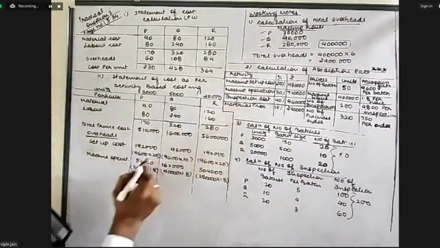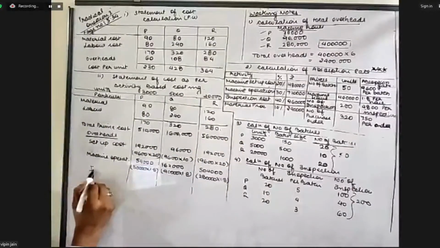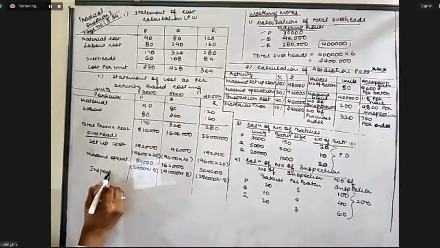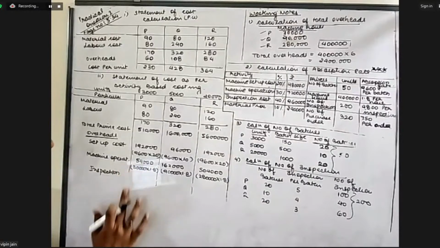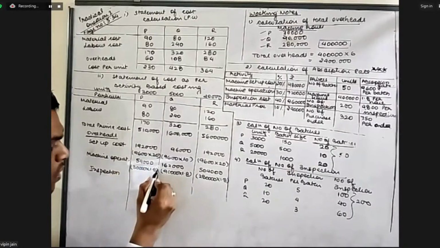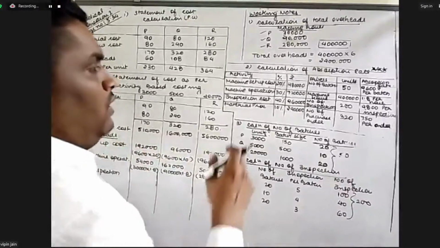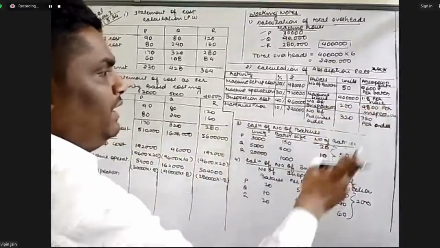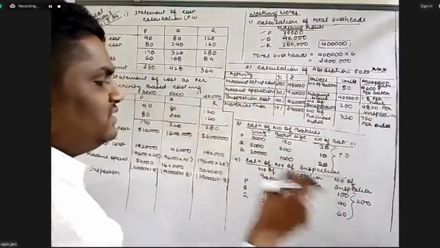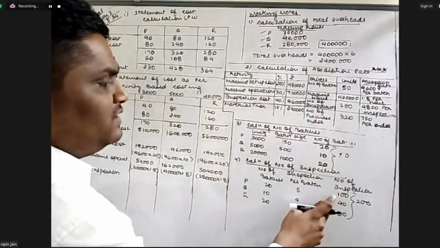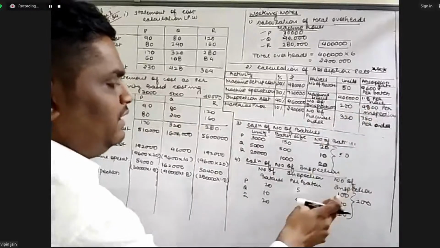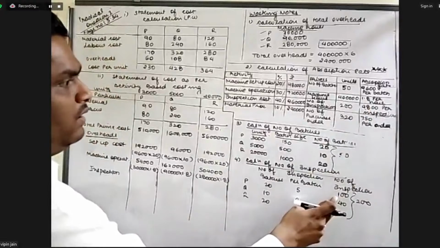Then next is inspection cost. So inspection cost is 4,800 per inspection. And the number of inspections we have already calculated. So 4,800 into 100.